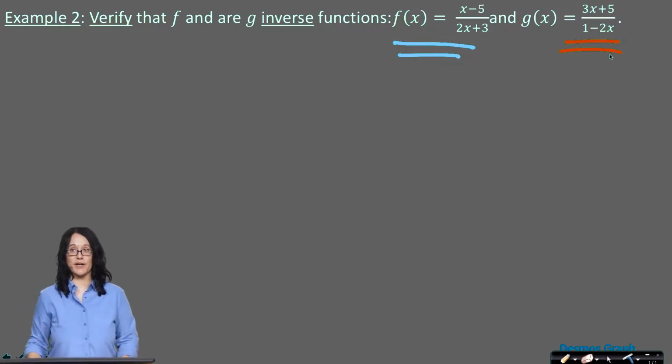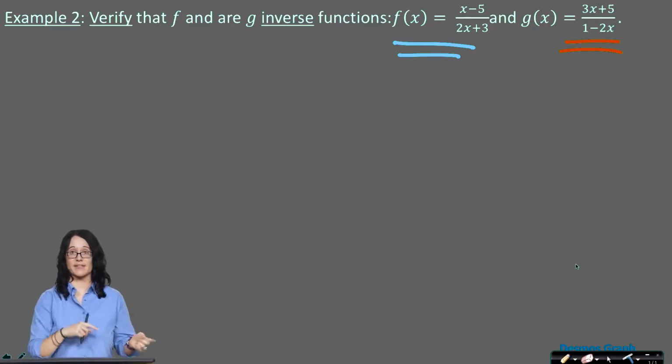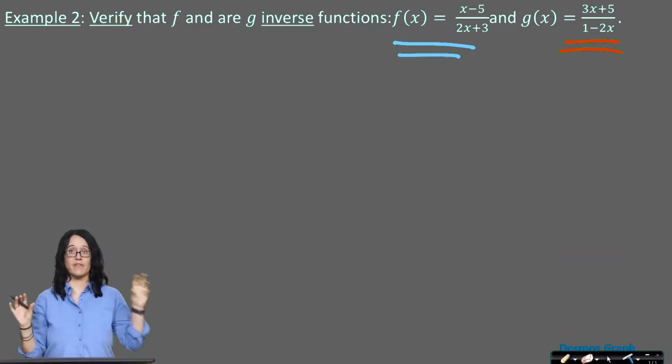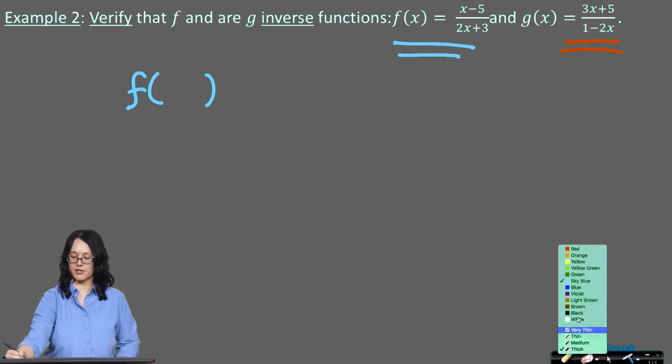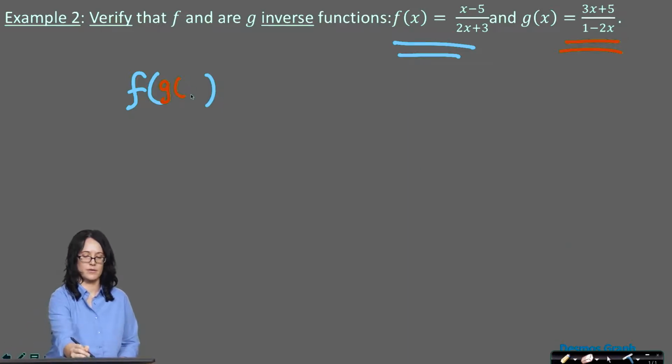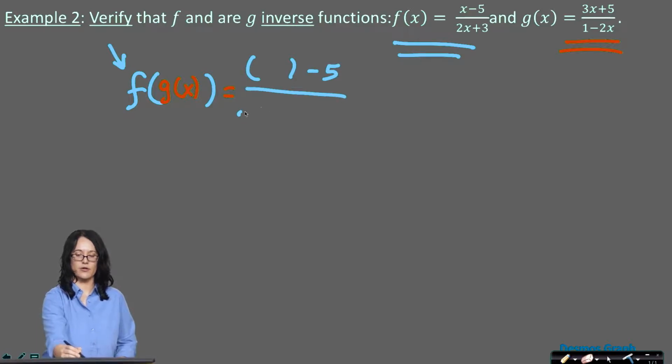So to check if two functions undo each other or are inverses, what did we do again? That's right, we said, does f of g of x give me x, and does g of f of x give me x? So let's take a look. If I input the g function into the f function, I would have the following. I'd start with my f function, which says take something minus 5 divided by 2 times something plus 3.